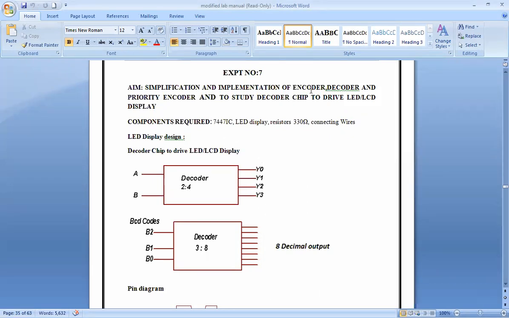In this experiment, we'll be studying about encoder, decoder, and priority encoder. Now, what is a priority encoder? It gives priority to the highest number. So if the lower bits are enabled, will it give any importance? No, sir. Why is this needed?